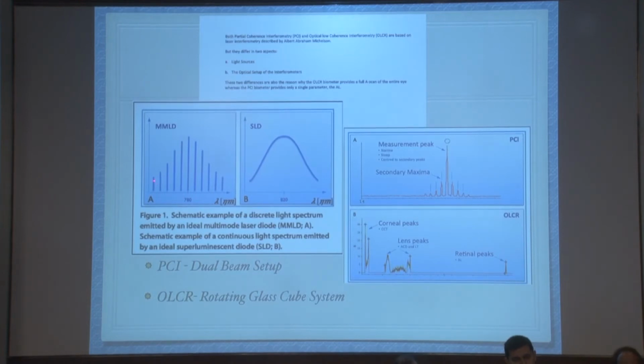The disadvantage is that there's a 780 nanometer MMLD used in PCI. It creates a measurement peak, and in front and behind it creates secondary maxima. So it's not the exact measurement, whereas the SLD used in OLCR gives a continuous light spectrum, so it measures all the peaks optically.